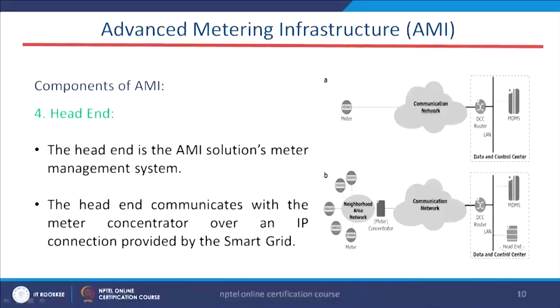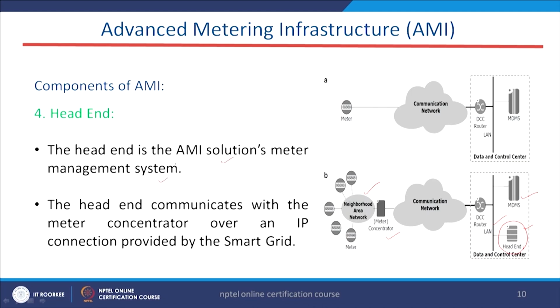And coming to the function of head end. You could see here it is written head end. We already discussed what is MDMS, what is this LAN, what is this meter concentrator, and what is this NAN and the smart meters. So, another element or device, that is head end. This head end is the AMI solution's meter management system.